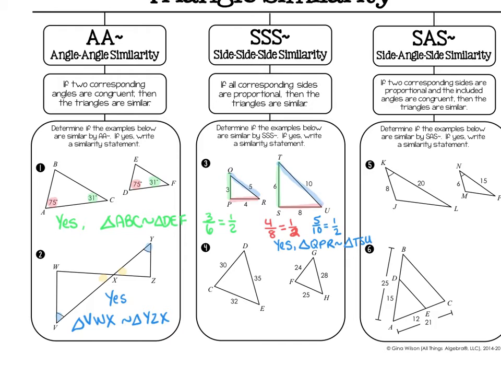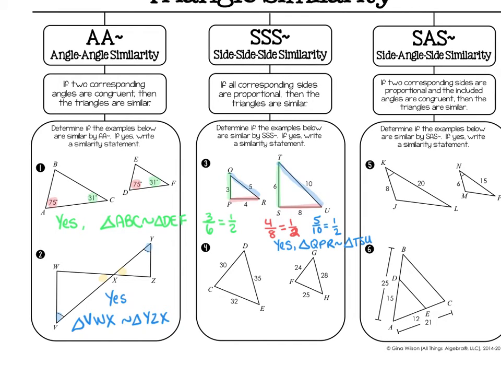Okay, so make sure that you look at the sides and the side lengths and see which ones correspond, because they're not always oriented in the same direction. So it's important that you pay attention to which ones correspond rather than just where they show up on the paper.